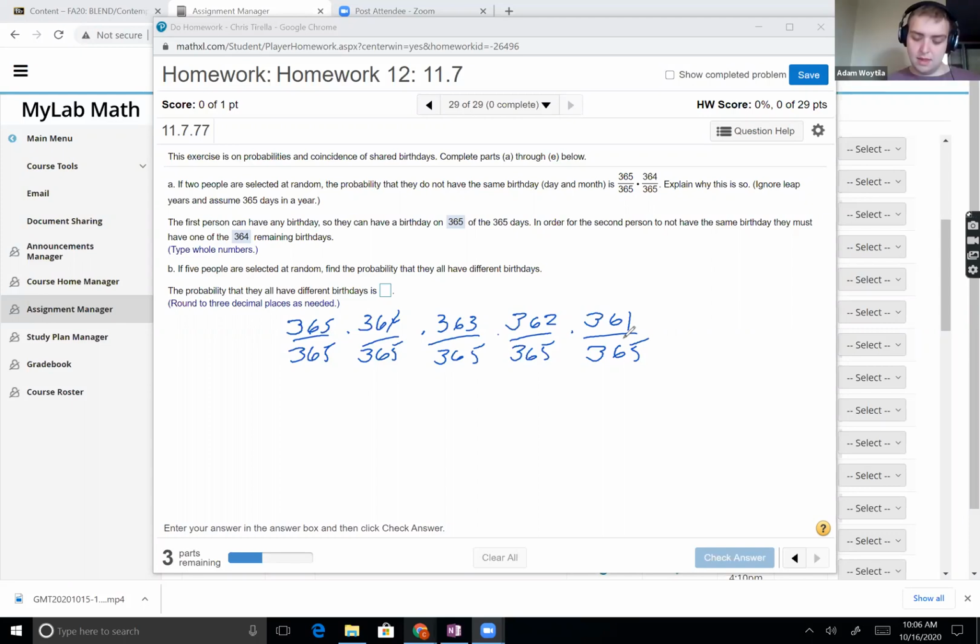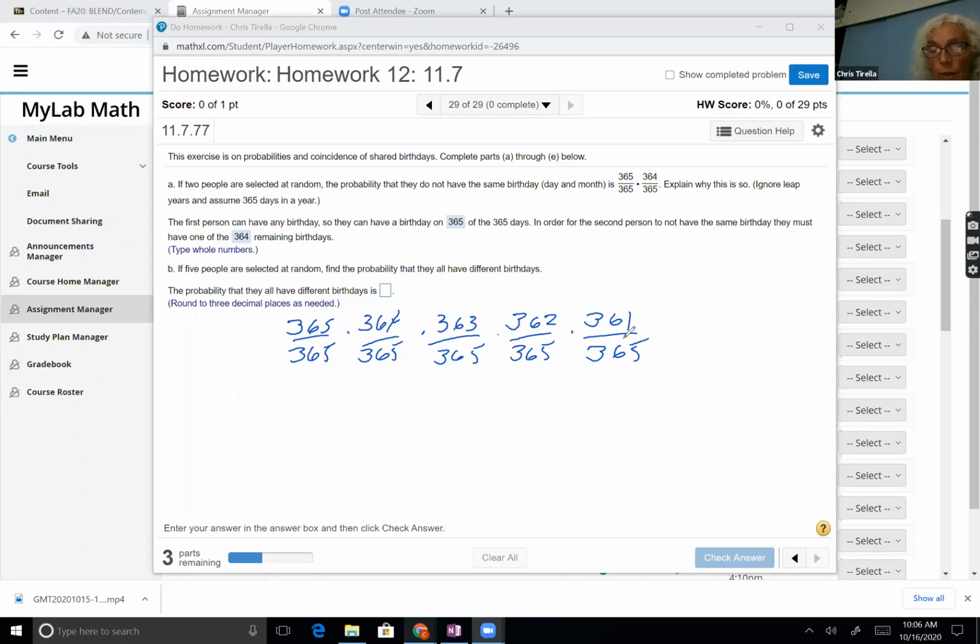Typing in my calculator, I'm opening parentheses. The numerator is 365 times 364 times 363 times 362 times 361. I'm going to close my parentheses and then put that over, in parentheses, the denominator, 365 to the 5th.